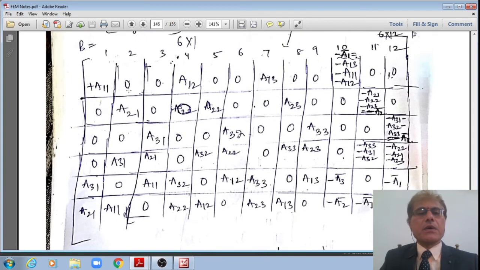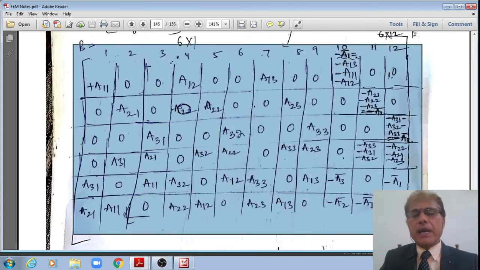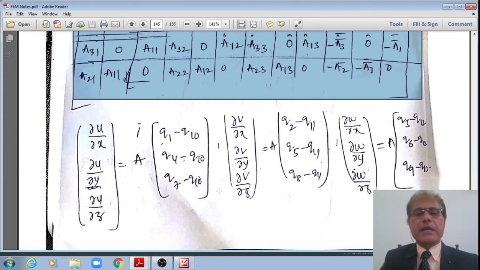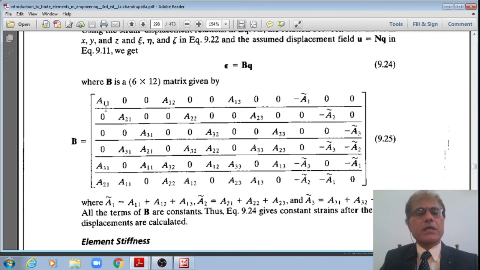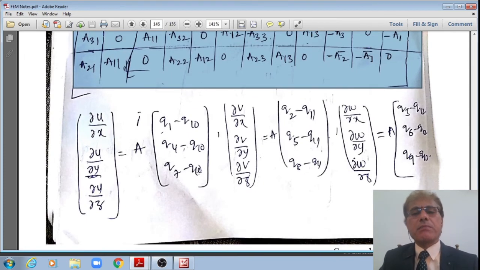This is what is called the strain displacement matrix, given by this equation. This is how that equation goes: a11, 0, 0, a12, 0, 0, a13, 0, 0, minus a1 bar, 0, 0, and so on and so forth, till the last row, which is a21, a11, 0, a22, a12, 0, a23, a13, 0, minus a2 bar, minus a1 bar, 0. Then this is the strain displacement matrix, which is a 6 by 12 matrix.